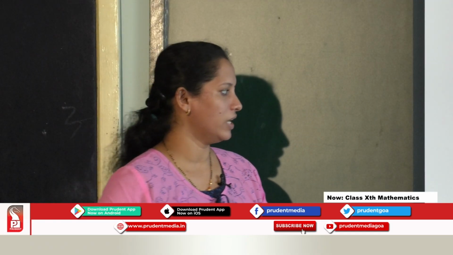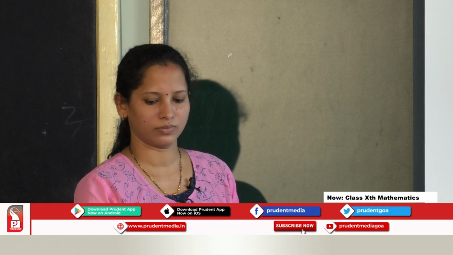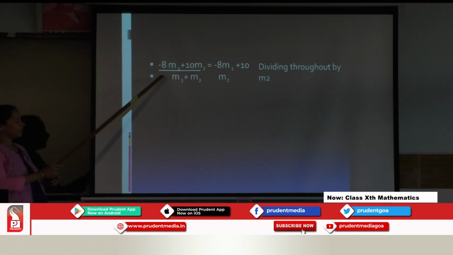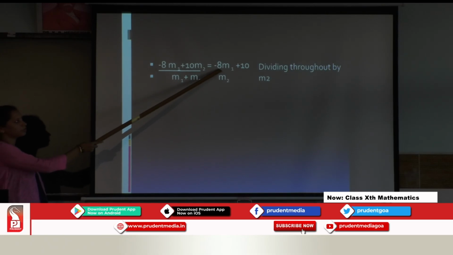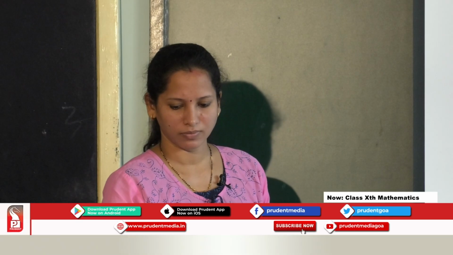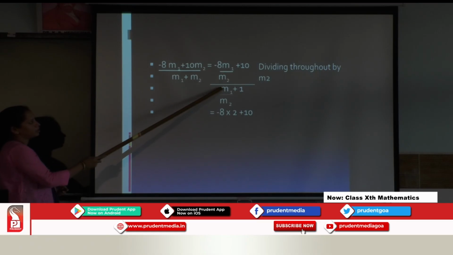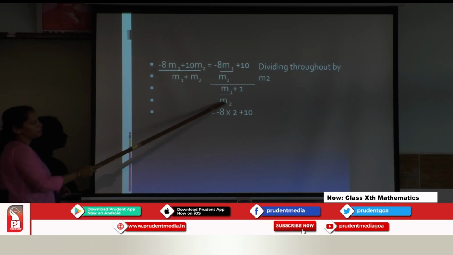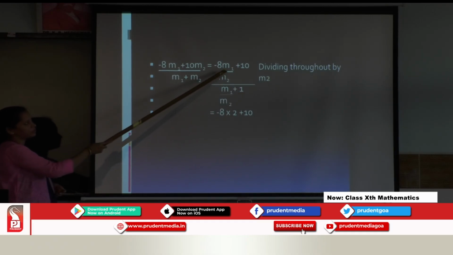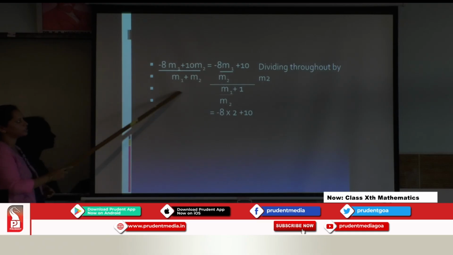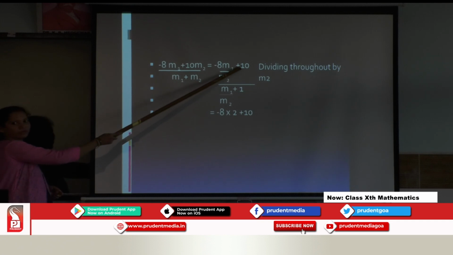We can also verify by taking this. So if you take (-8 M1 plus 10 M2) upon (M1 plus M2), this is equal to (-8 M1 upon M2 plus 10) upon (M1 upon M2 plus 1). This we got by dividing by M2 throughout. So 10 M2 upon M2, M2 will cancel and it will remain only 10.